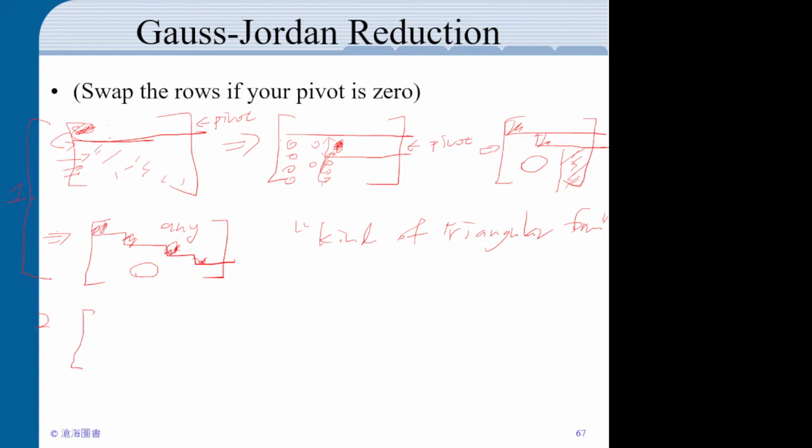Because they are not 0, you can multiply each row by their inverse. So you start with this thing, and it's non-zero, non-zero, non-zero, non-zero. So you multiply the first row by 1 over maybe A1, 1 over A2, and so on.